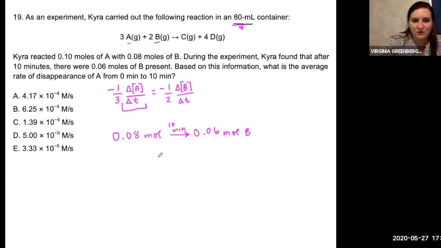And so we might have lost 0.02 moles of B, but that happened in an 80 milliliter container, which is the same as 0.08 liters.